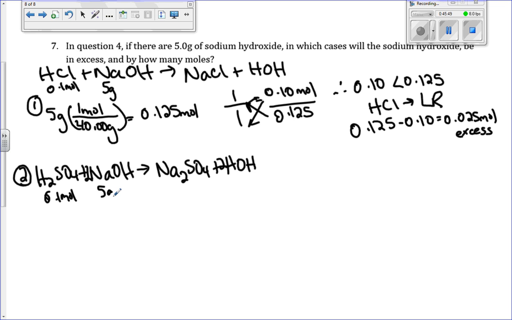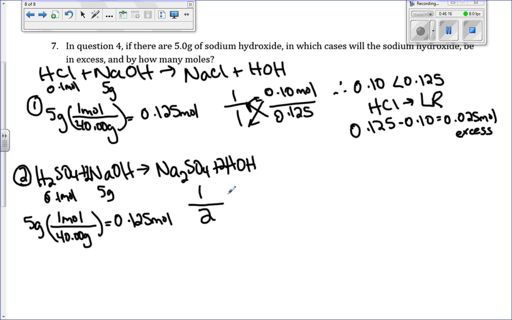This is still 5 grams. So we still need to figure out the number of moles of sodium hydroxide. We take 5 grams, we divide it by the molar mass. Again, we get this miraculous number of 0.125 moles. And we need to look at the mole ratio. There is 1 mole of sulfuric acid in the reaction to 2 moles of sodium hydroxide.